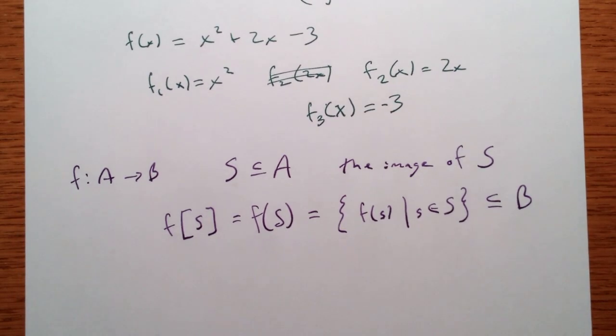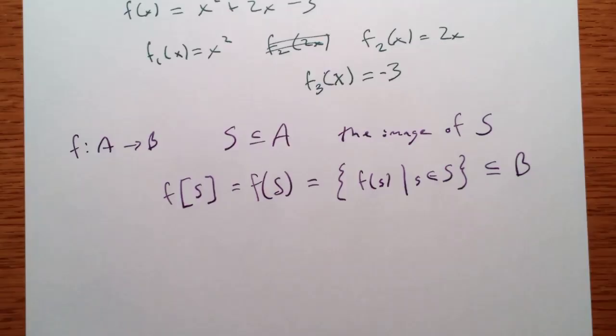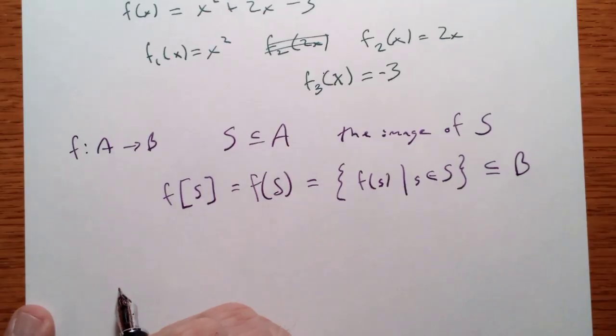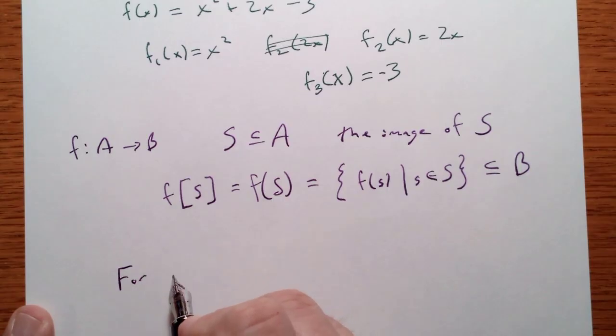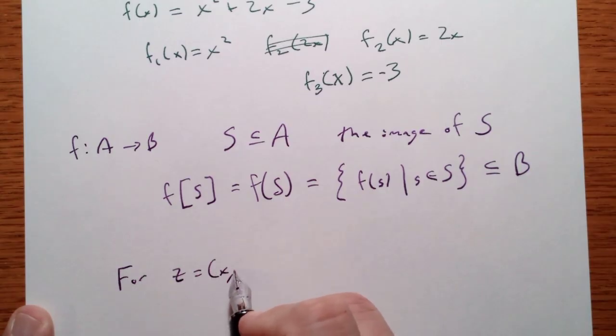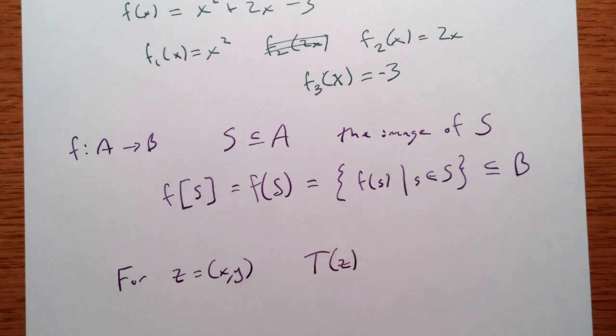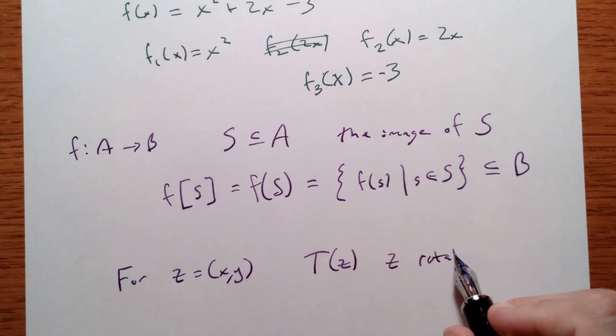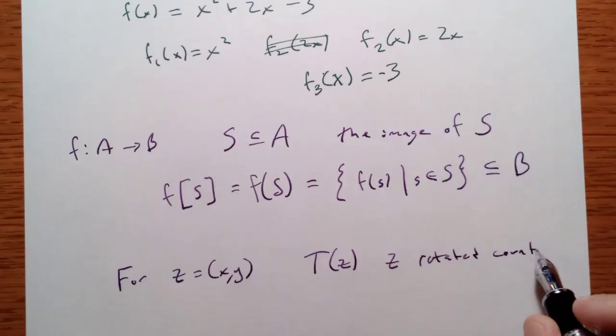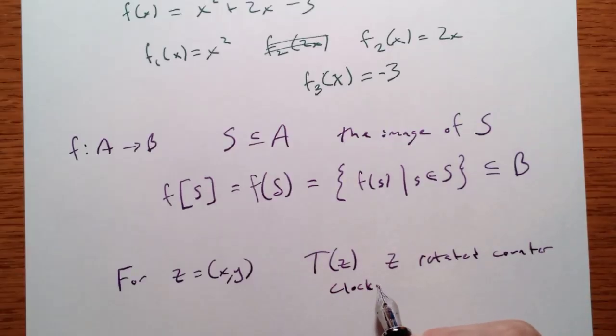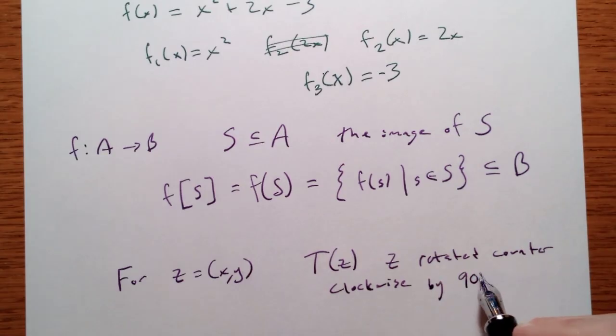For example, I could want to take a function. I'm going to write this function in a weird way. For z, a point in the xy plane, we're going to define T of z, the transformation of z, to be z rotated counterclockwise by 90 degrees.